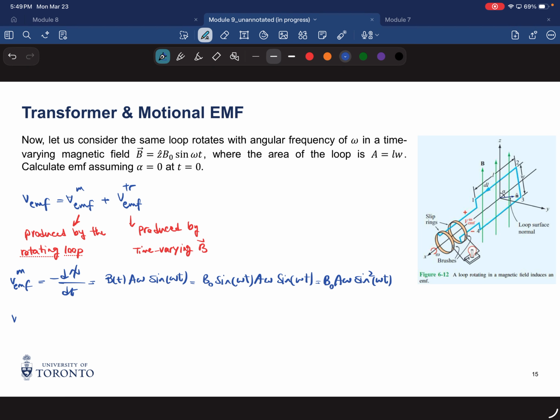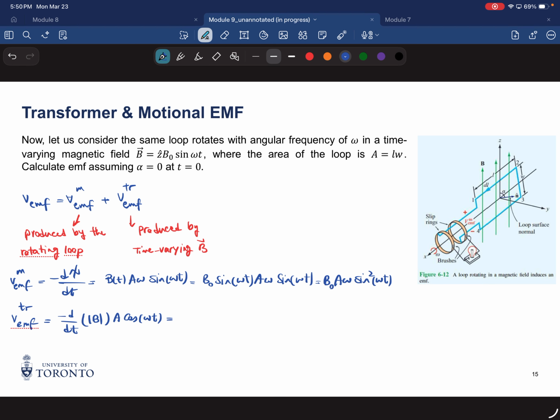Now, when we go to Vm transformer, we are going to consider the other two variables to be constant, and the only thing changing is the amplitude of B, which is going to be minus d over dt of the amplitude of B, A cosine omega t, which is the angle cosine alpha here.